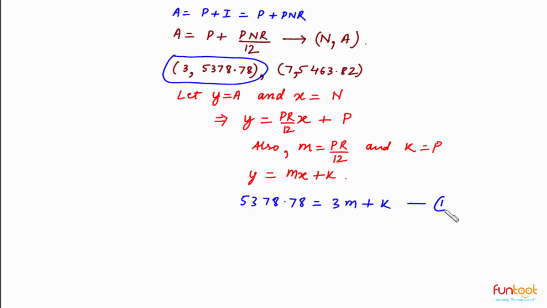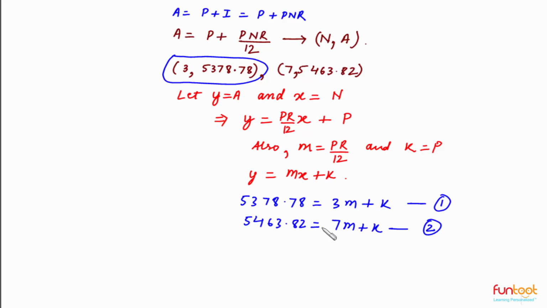Call this first. Then we put the second solution pair in the equation y equals mx plus k. In place of y, we write this value: 5463.82 equals, in place of x, now we will take 7, so 7m plus k. Call this second.